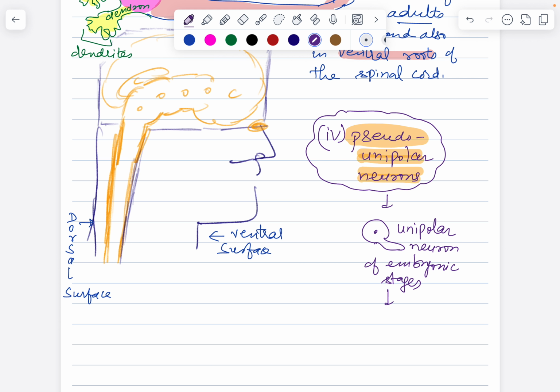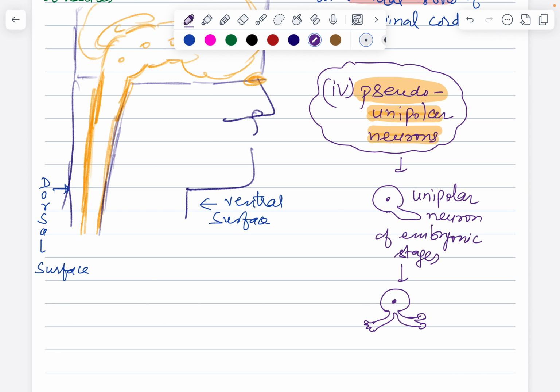It grows to become a bipolar neuron, but in that bipolar stage, both the processes, that is the dendron with the dendrites and the axon with the axon terminals at the end, are very close to each other. But it doesn't matter. As long as there are two processes, what should we call it? Bipolar. Here's the cell body, here's your dendron, and here's your axon.